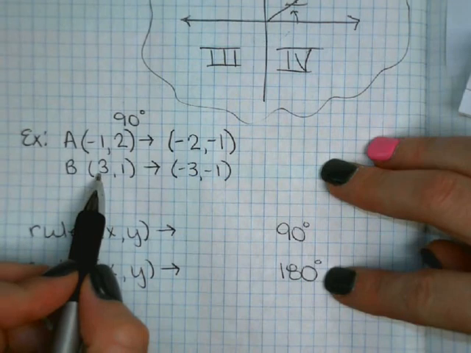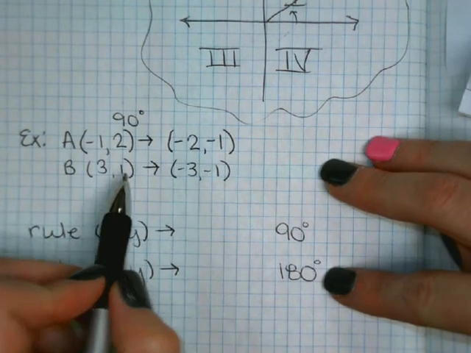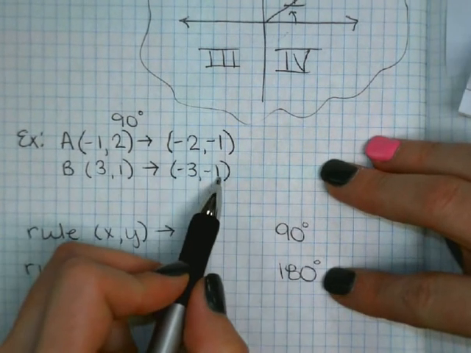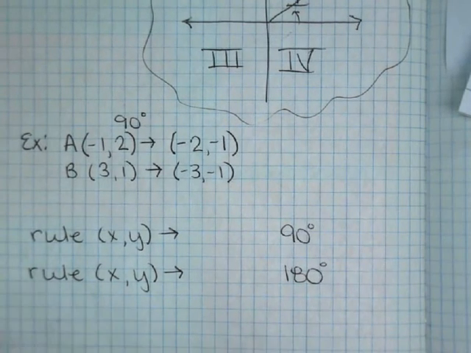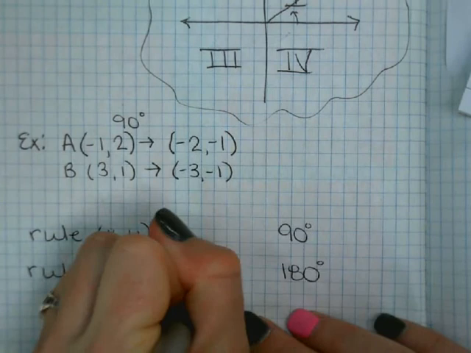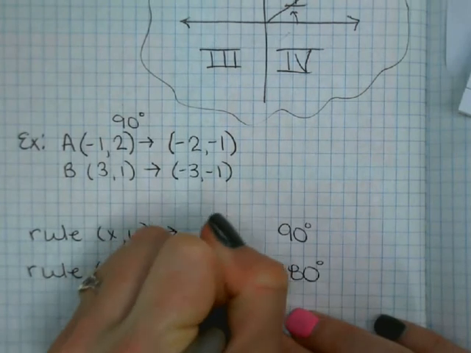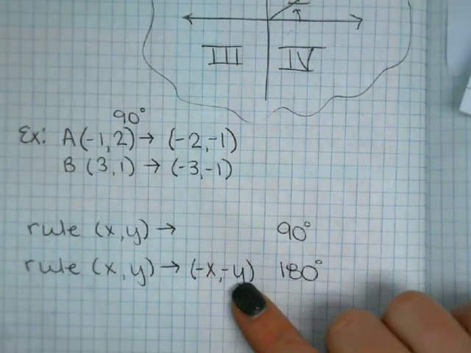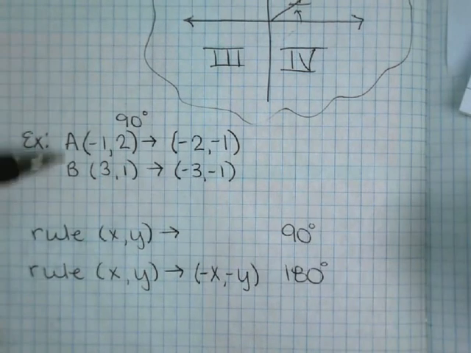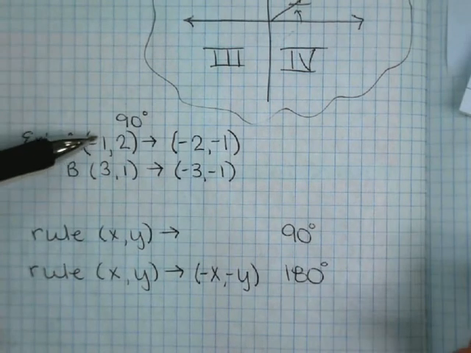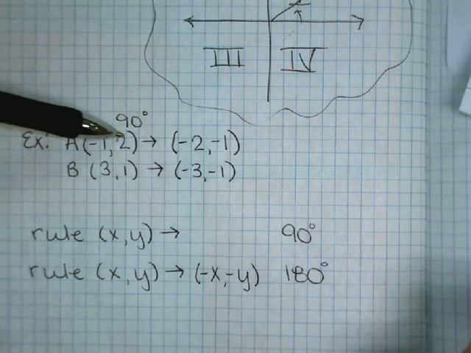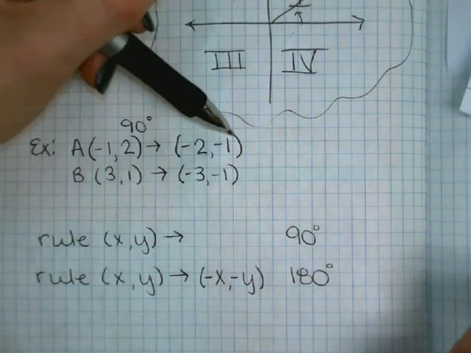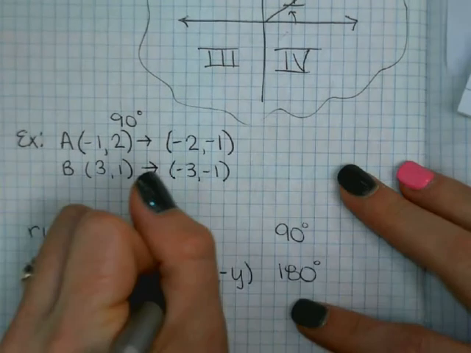So let's take a look at these coordinate points and see if we can find a rule. For my 180 degrees, it's probably a little bit easier. Notice I went from (3, 1) to (-3, -1). So all I had to do was negate my coordinate points. If it was positive, it becomes negative, and if it was negative, it becomes positive. On my 90-degree rotation, it's a little bit different.